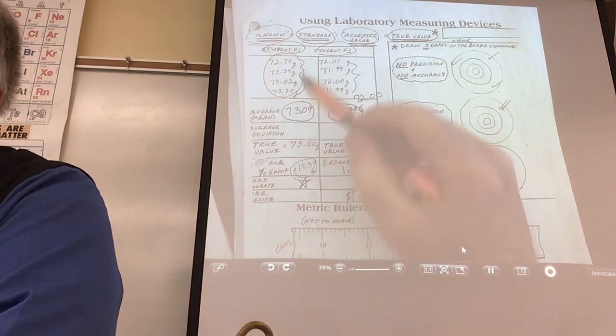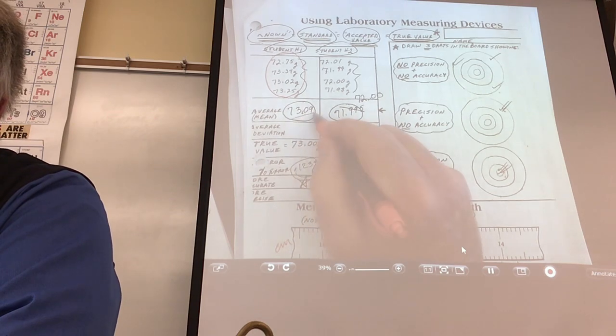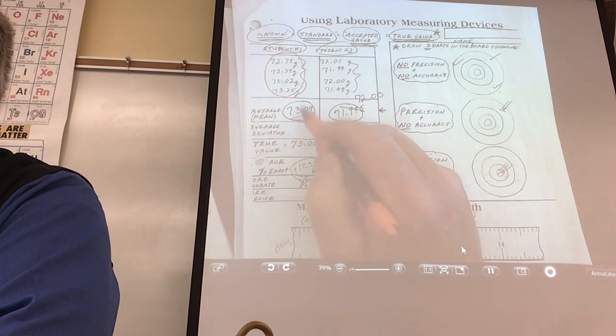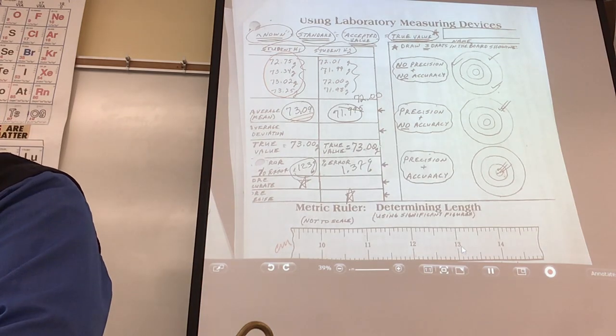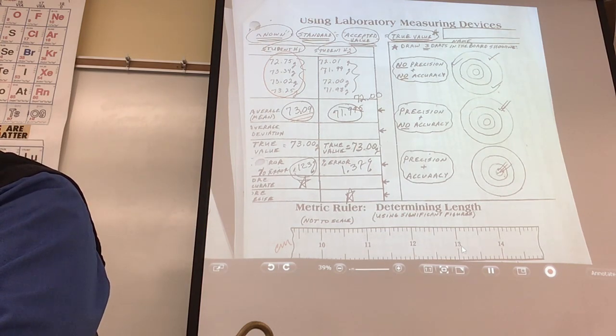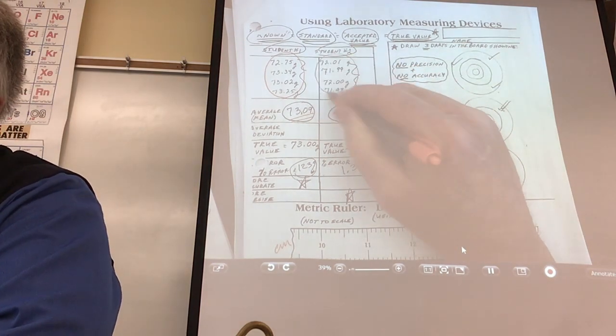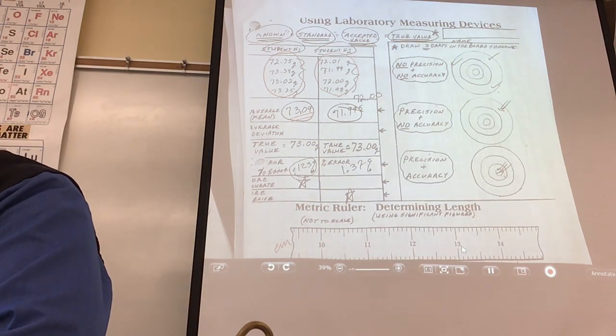Let's try that. You put this in a calculator, and I had another class do this already, but you go ahead and try it. Add these up and divide by 4 and see if you get that number right there. Now I rounded it off to the hundredths place, didn't I? Because we were adding, I'm going to keep it at the hundredths place. Did everybody get 73.09? All right, now let's go to student 2. See if you can put student 2 in the calculator, and something kind of unusual happens here.